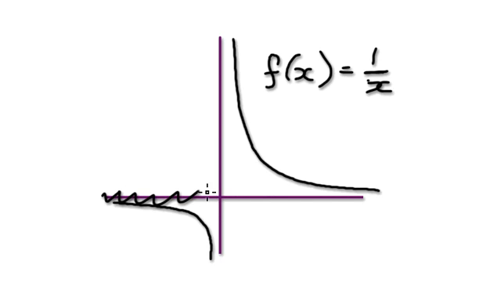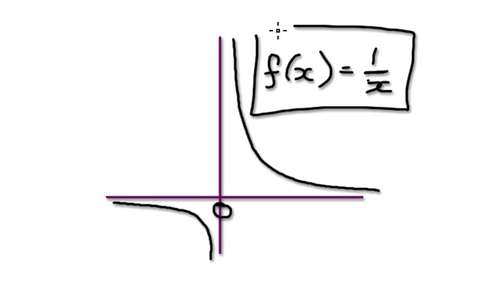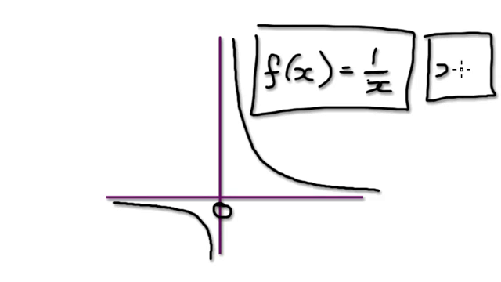So the domain is everything along here except the number 0. So for you to be able to say f of x equals 1 over x, you've got to give it some extra information. You have to specify something else, and that something else is that x cannot be 0.